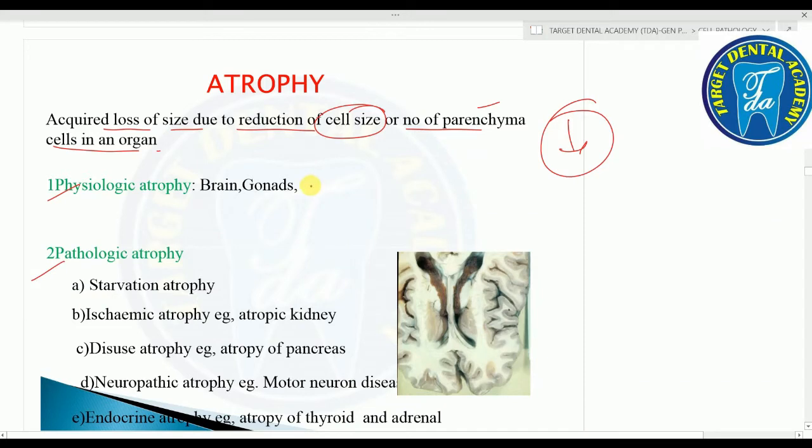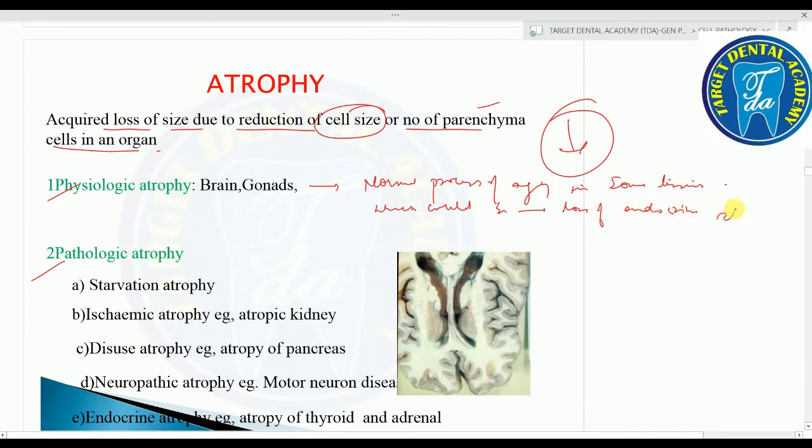So in physiological atrophy, it is the normal process of aging in some tissues, which could be due to the loss of endocrine stimulation, or it may be due to arteriosclerosis.